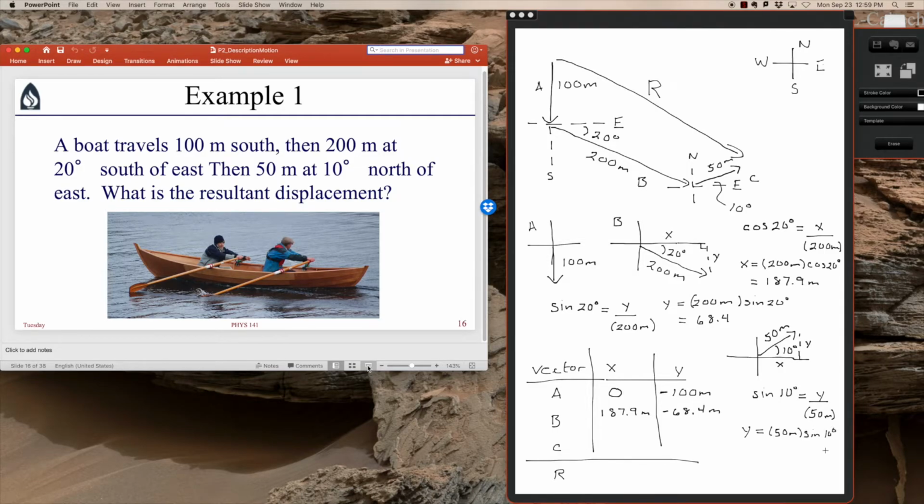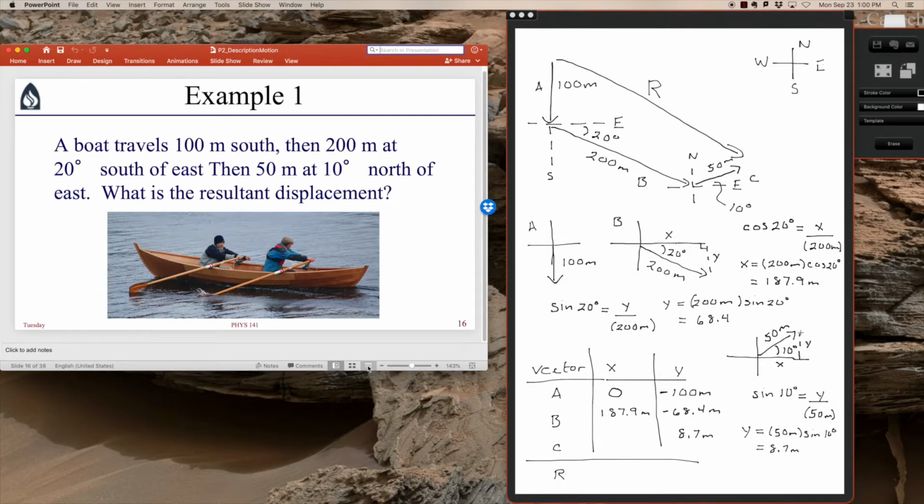If I plug that into my calculator, I get 8.7 meters. So I would put that in my table, 8.7 meters. And that's in the positive y direction.